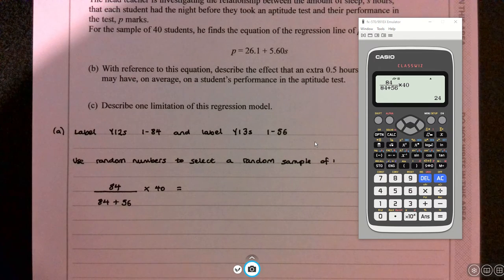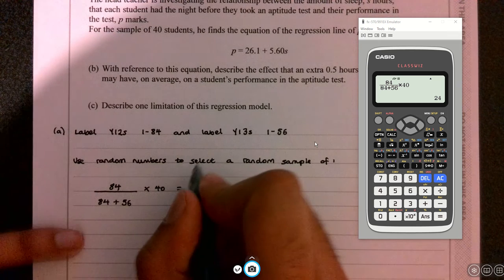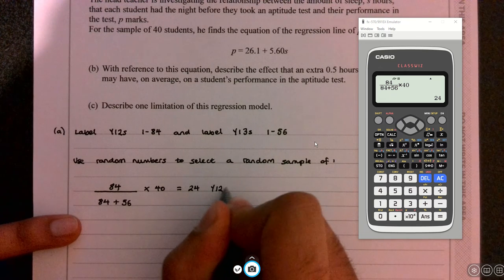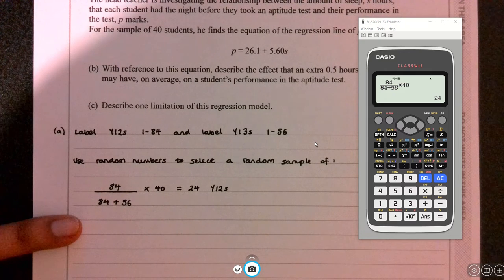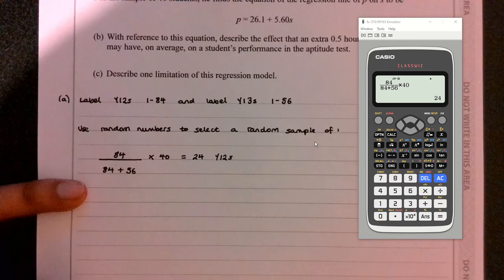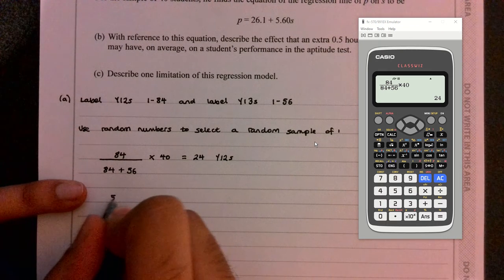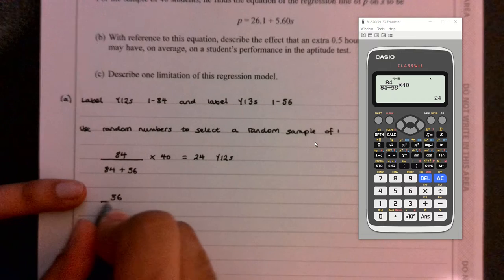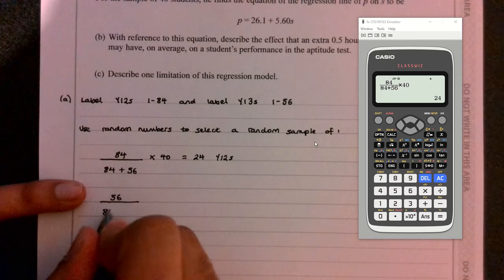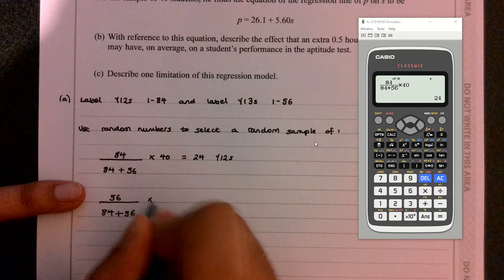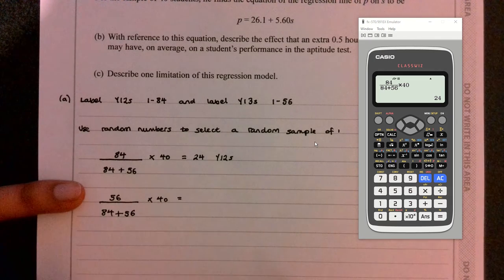So we require 24 year 12s. And in terms of the number of year 13s we need, in a similar way, we have 56 divided by 84 plus 56, and we multiply this by 40.